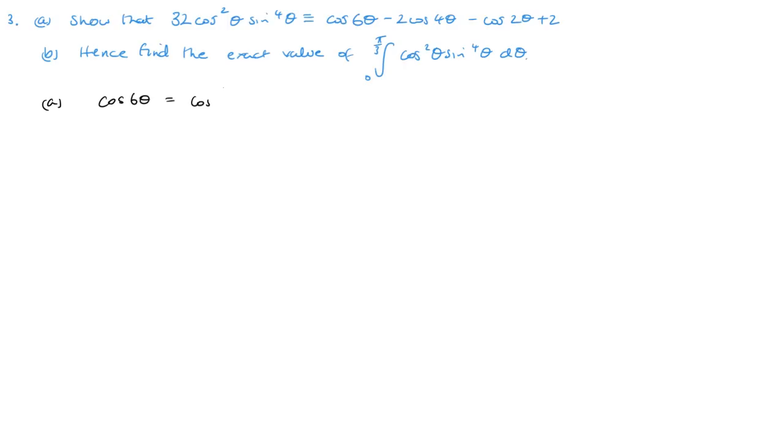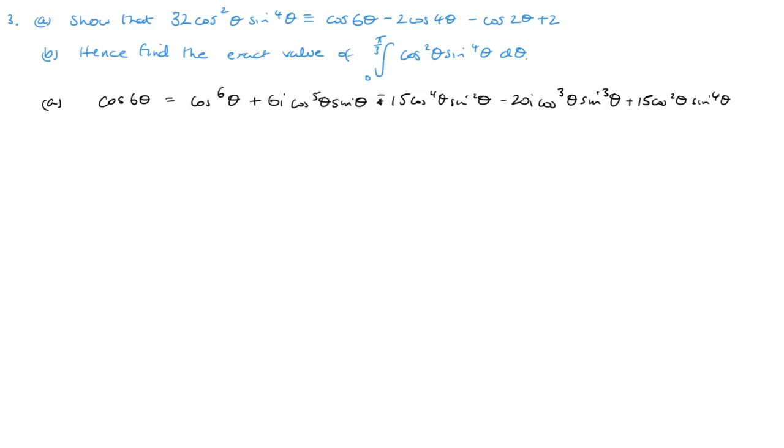And you'd get cos to the power 6 theta, plus 6i cos 5 theta sine theta, then minus 15 cos to the 4 theta sine squared theta, then minus 20i cos cubed theta sine cubed theta, then 15 cos squared theta sine to the power 4 theta.